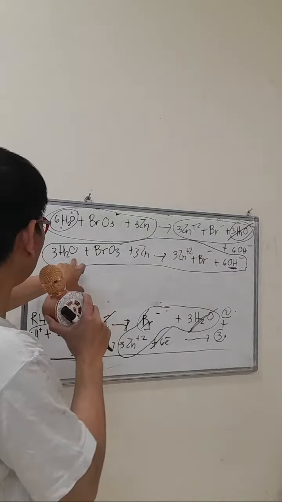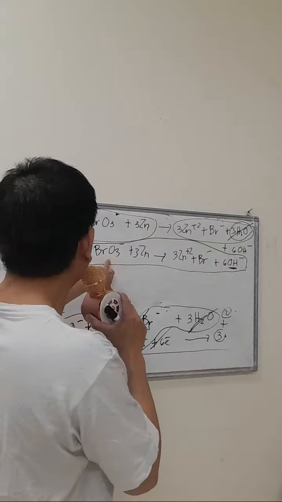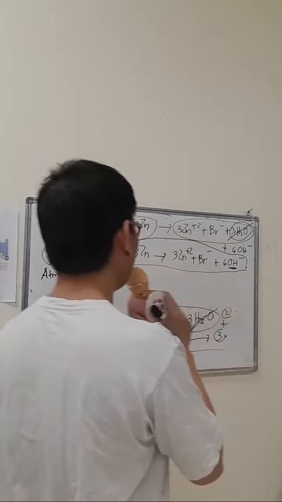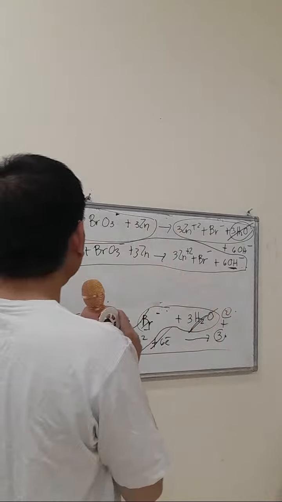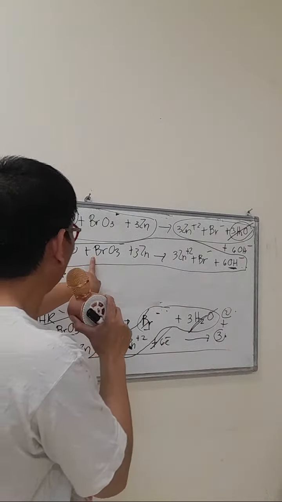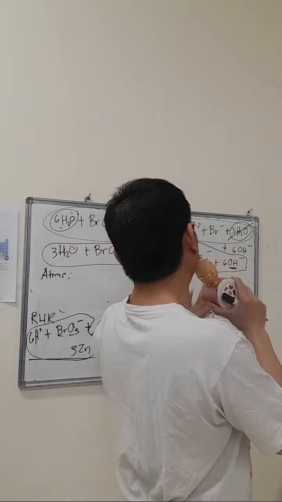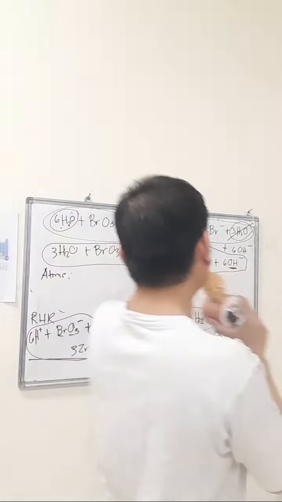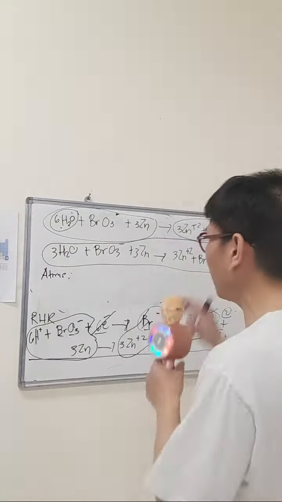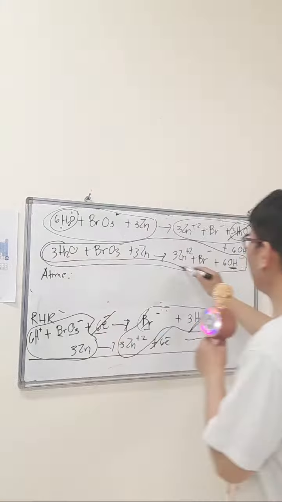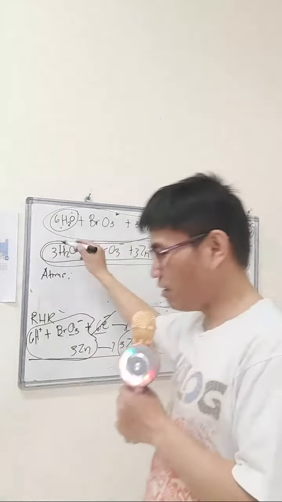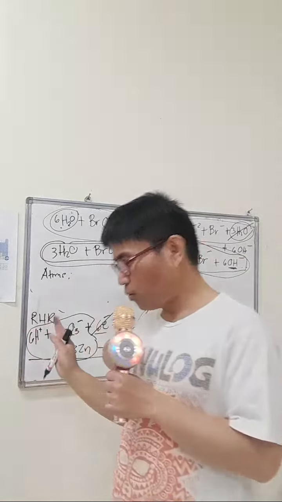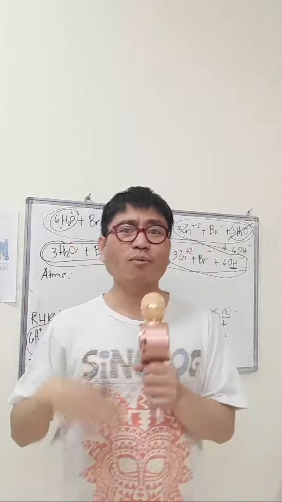Oxygen, we have 3 oxygen plus 3 oxygen, 6 oxygen in the left. How many oxygen in the right? 6 oxygen also. Bromine, we have 1 bromine in the left and also 1 bromine in the right. And we have 3 zinc in the left and 3 zinc in the right. Perfect. So this is correct. This is the final redox in basic solution: zinc plus bromate equals zinc positive 2 plus bromide.